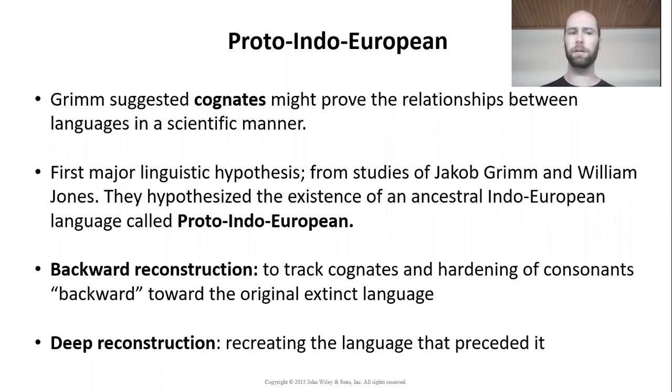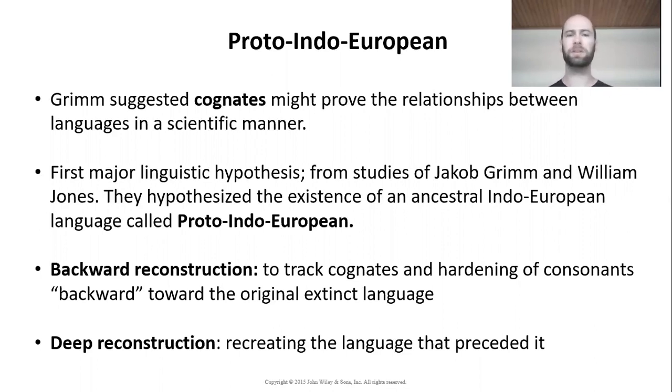And he developed, together with William Jones, here we go, Jacob Grimm, together with William Jones, the first major linguistic hypothesis, which was the existence of an ancestral Indo-European language called Proto-Indo-European.